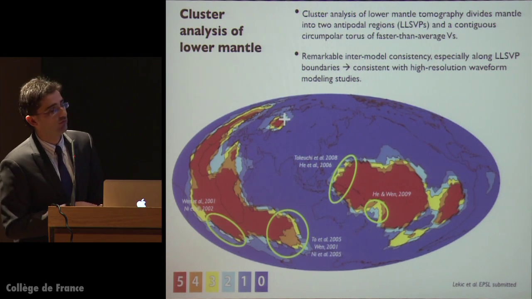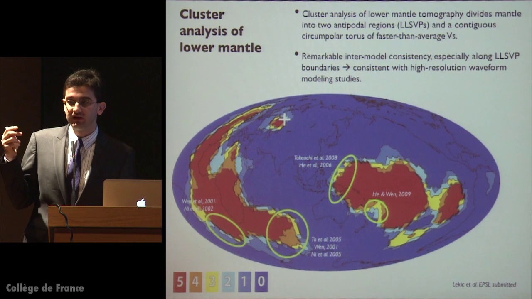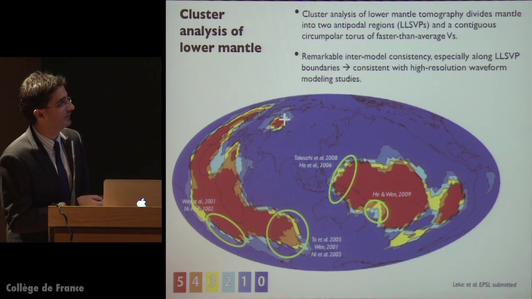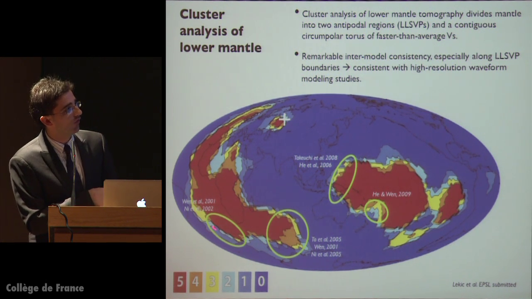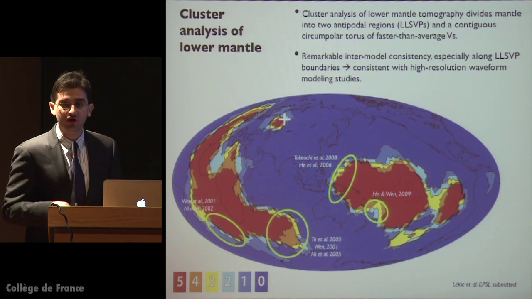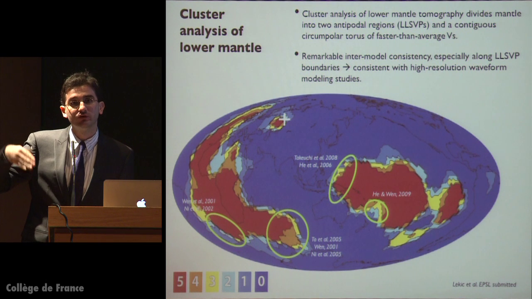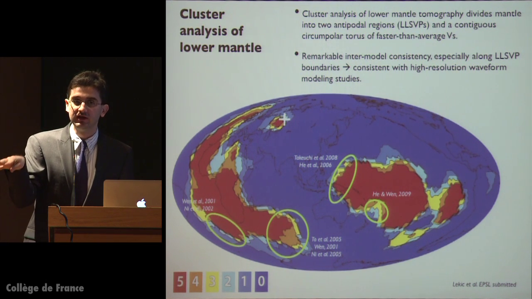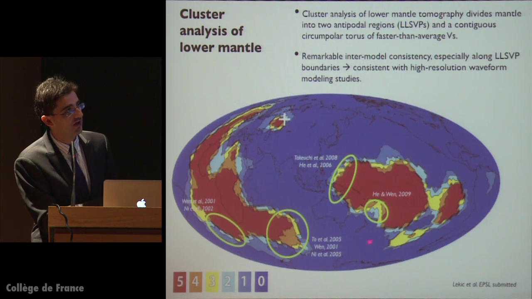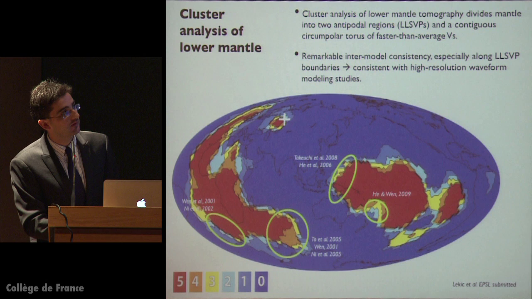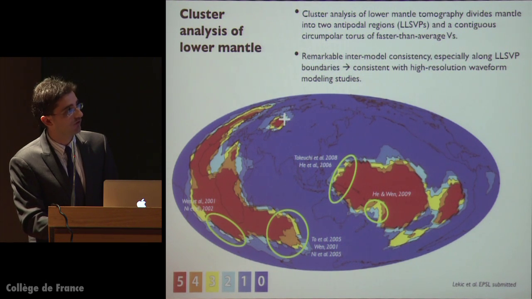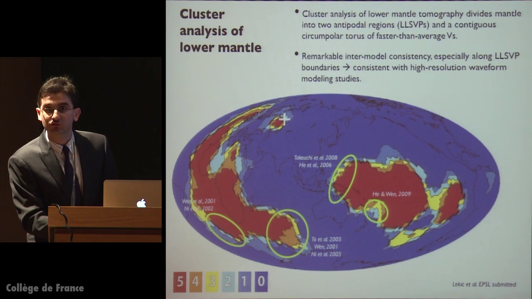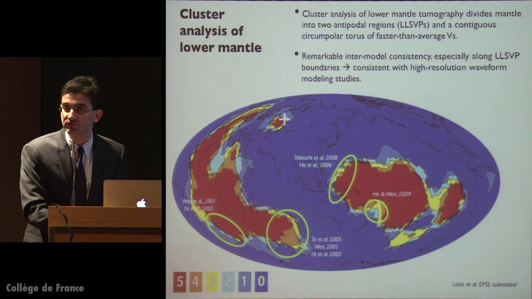We can look in detail at these boundaries by doing waveform analyses, and this has been done in a variety of regions by a variety of different authors, and they have found in all of these circled areas evidence for very sharp transitions in velocity, going from a very slow region to a slightly faster than average region across small horizontal length scales. So the fact that the edges of the LLSVPs are consistent across models is nice, of course, but the fact that it's consistent with the locations that are inferred from waveform studies is even nicer.